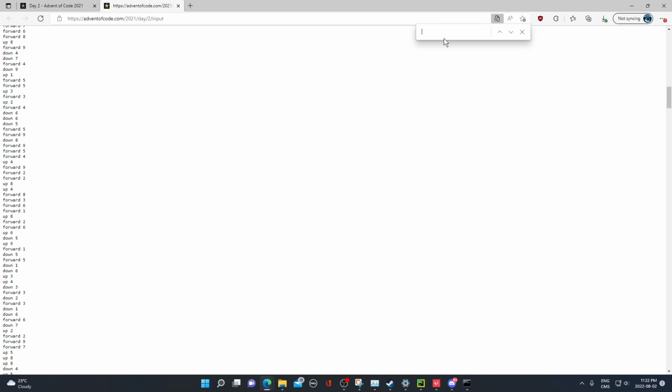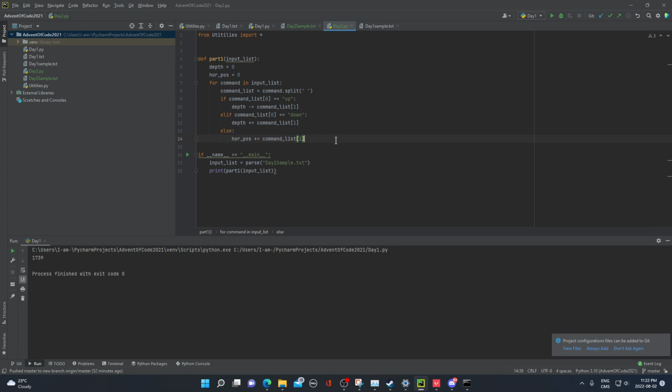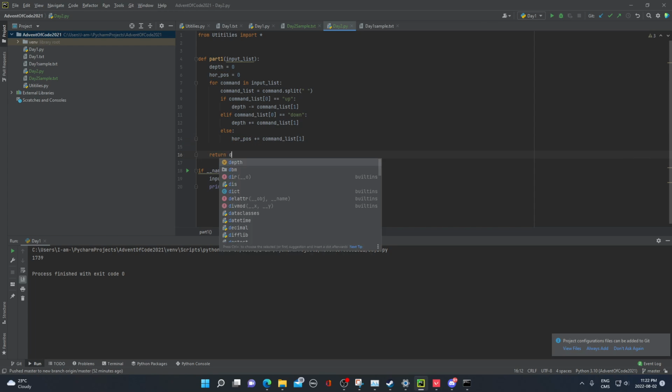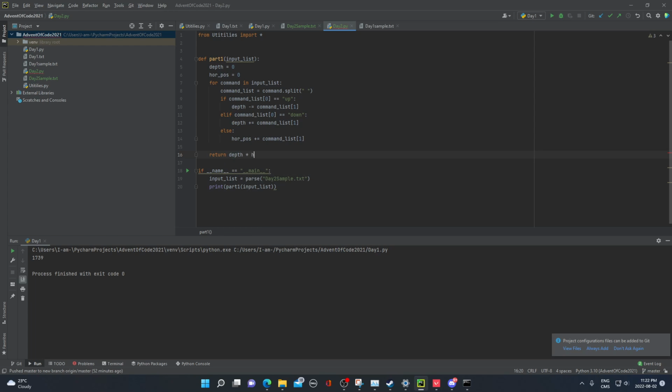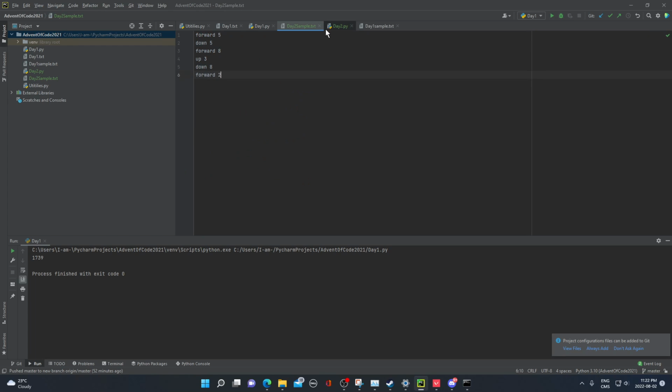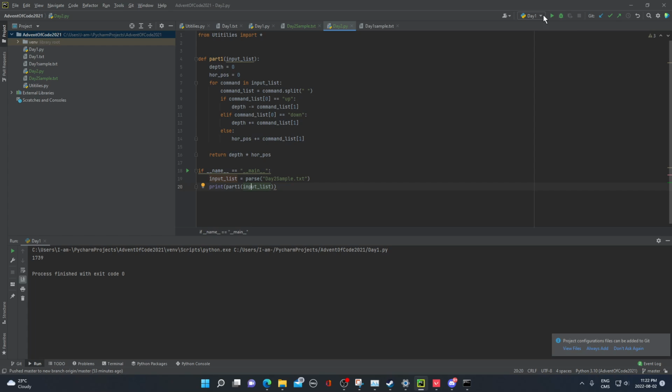Yeah, no negatives. No backwards, no negatives. This looks good. So at the end, we will have a depth value and a horizontal position value. We can just return these two multiplied by each other. And that will print it out in the console, which we can then enter into Advent of Code for a solution. Okay, let's just run it.